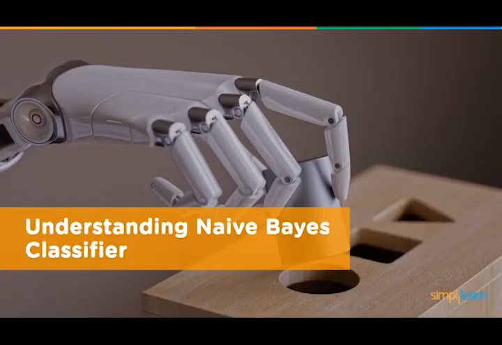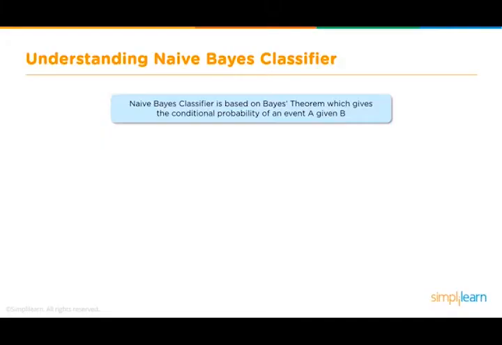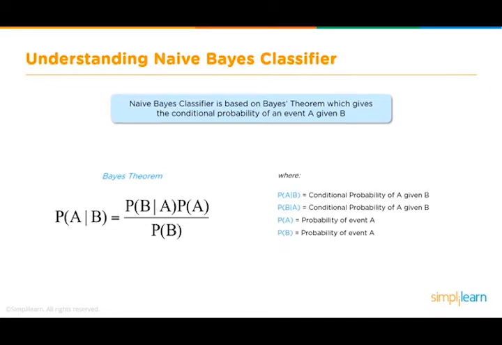Understanding the naive Bayes classifier. Now, we already went through a basic understanding with the coins and the two heads and two tails and head, tail, tail, heads, etc. We're going to do just a quick review on that and remind you that the naive Bayes classifier is based on the Bayes theorem, which gives a conditional probability of event A given event B. And that's where the probability of A given B equals the probability of B given A times probability of A over probability of B. Remember, this is an algebraic function, so we can move these different entities around.